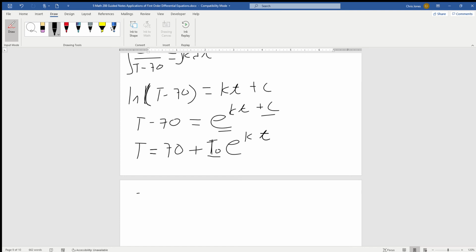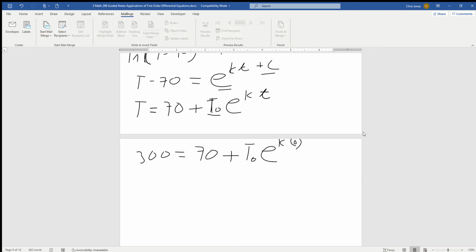We're going to say 300 is going to be equal to 70 plus T sub naught e to the k times 0. We know that e to the 0 is going to be 1. We can subtract 70 from both sides. So in this case, T sub naught is going to be 230.